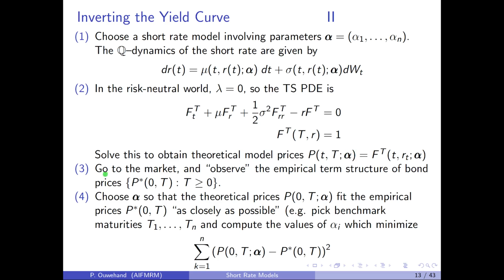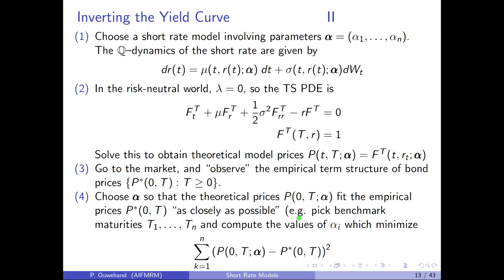We then go to the market and observe the actual or empirical term structure of bond prices. So these values P star 0t are the market prices of zero coupon bonds, where we may have had to bootstrap the yield curve in order to obtain these prices. We now would like to choose alpha so that the theoretical prices involving the parameters alpha fit the empirical prices that we see as closely as possible.